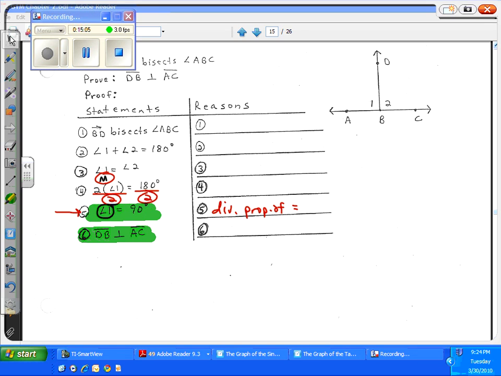Now, that's kind of the what you get out of it before the word, isn't it? Angle 1 is equal to 90 degrees. If angle 1 is 90, we can conclude that those must be perpendicular because perpendicular lines form equal adjacent 90-degree angles. So here's the what you get out of perpendicular. Here's the word perpendicular.